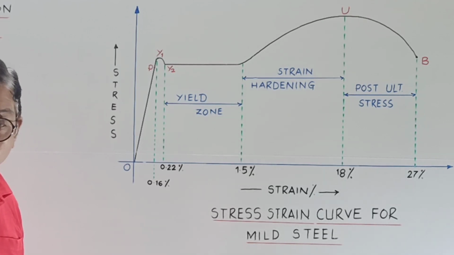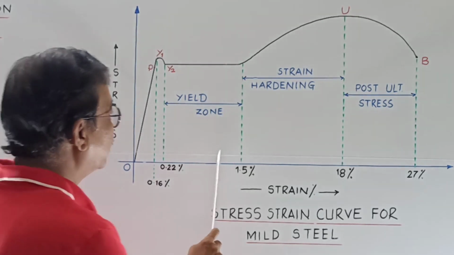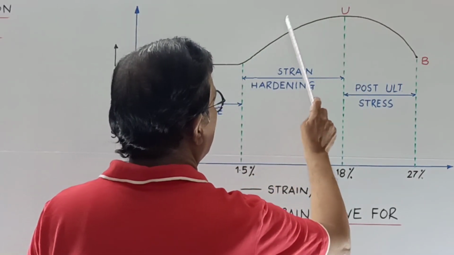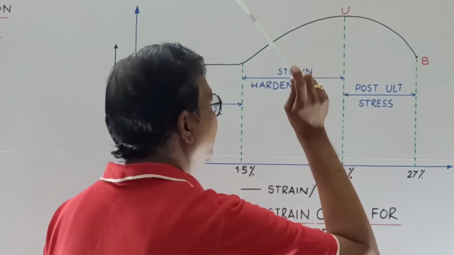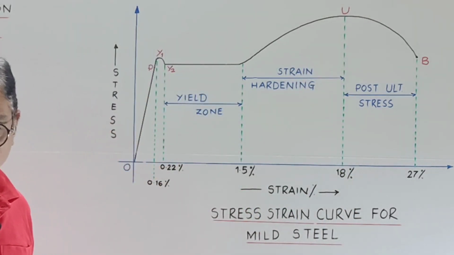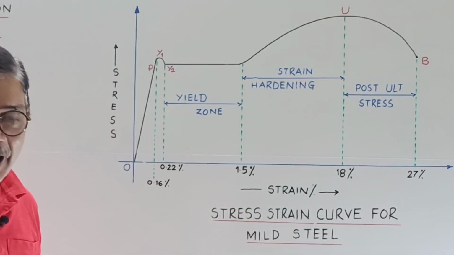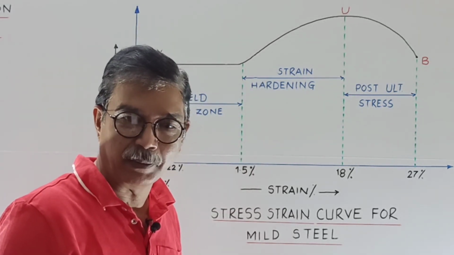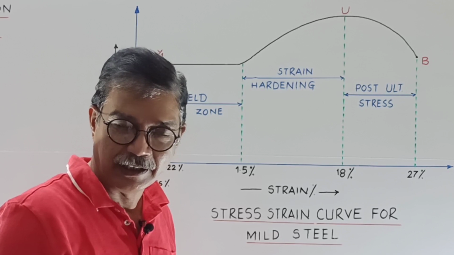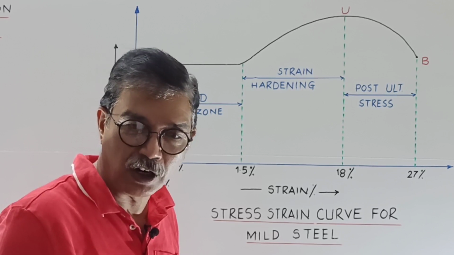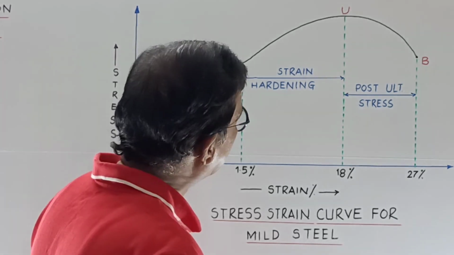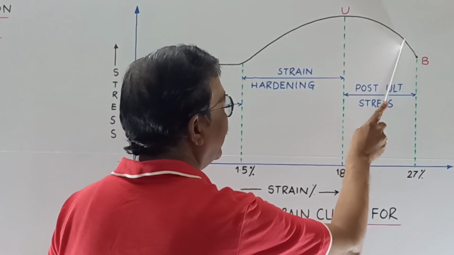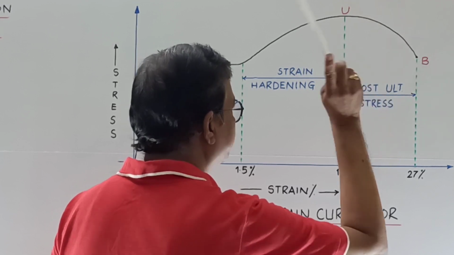When the load further increases, strain increases along with stress up to this point U, that is the ultimate stress point. At this ultimate stress point, you know that neck formation takes place, and for further elongation or further strain, less load is required, so stress drops and finally it breaks at point B.